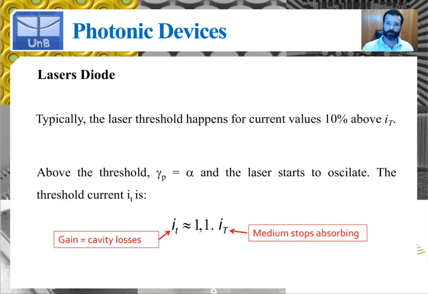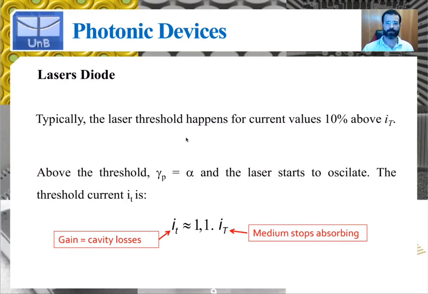Now let's talk a little bit about the threshold current, I_T, or I lowercase t, of a laser diode. So this is the current at which the laser effectively starts to oscillate. So there are two important currents here.